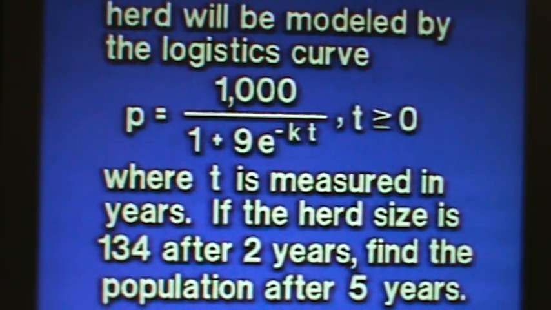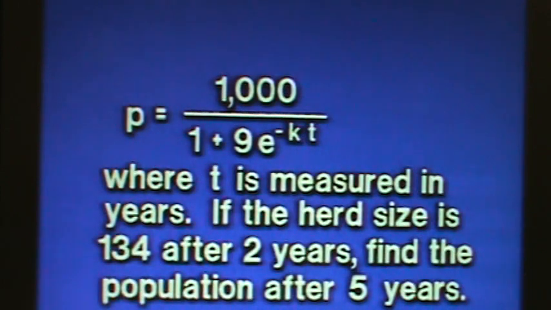Our first task is to find the value of k. Now, to do that, we replace within our model the information about the herd size of 134 after 2 years. That is, we'll replace p with 134 and we'll replace t with 2.